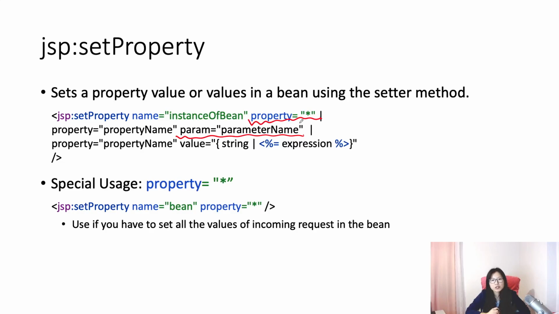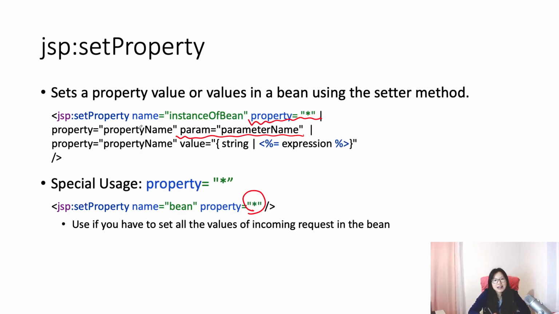Suppose you submit a form, and in the form we have form controls. If we're using property wildcard, it will try its best to compare the value of the name attribute in our controls with the property name. If they are the same, it will set the value, or you can use param to do that.